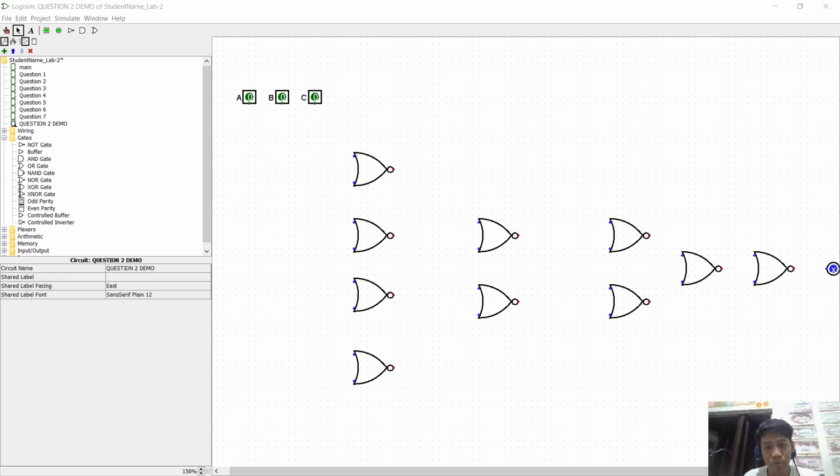The C input goes here in the first NOR gate. We will be connecting it like this. And then after that, we will be putting a C input here also on the bottom to satisfy the formula or the equation.